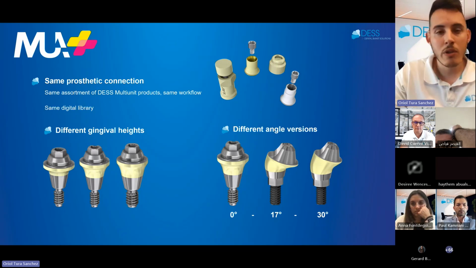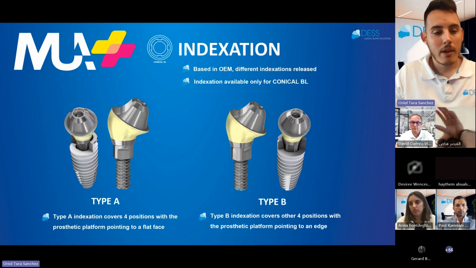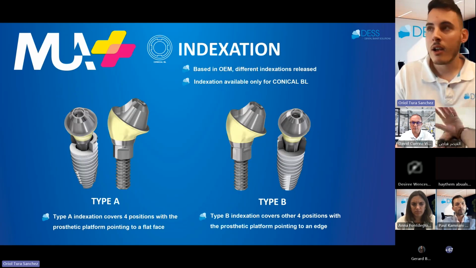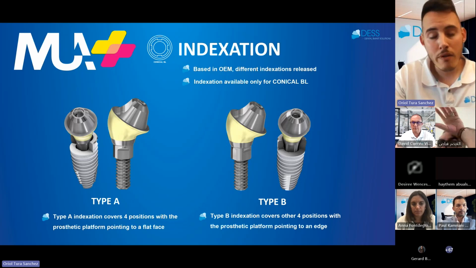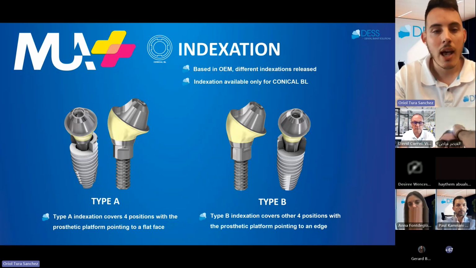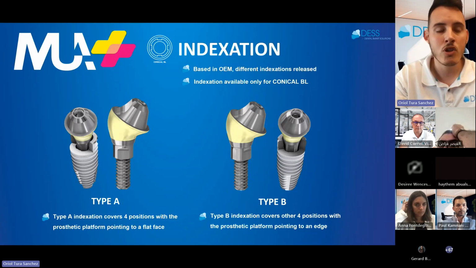The only change with those multi-unit abutments is in Bone Level. Straumann, the original company, is offering the multi-units with different indexations, as that connection only offers four different positions.